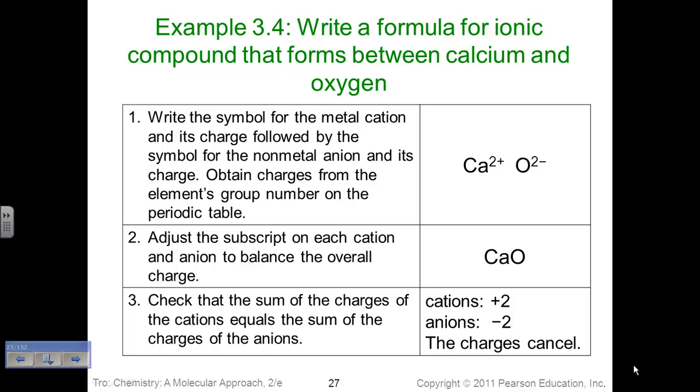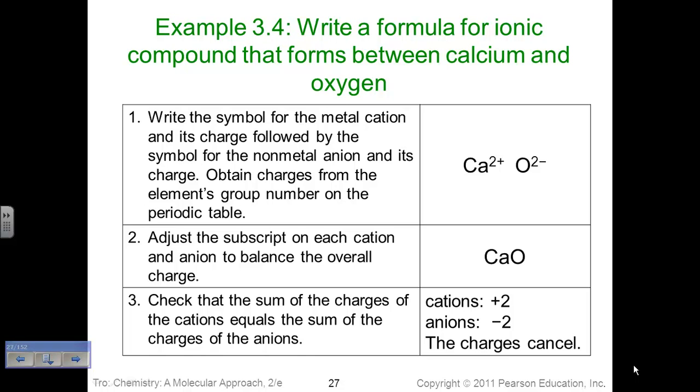Step 2, adjust the subscript on each cation and anion to balance the overall charge. Well, with our first example, a plus 2 does indeed neutralize a charge of a negative 2. A plus 2, when added to a negative 2, gives us a net charge of 0. So the subscript ratio of 1 to 1 does indeed create a neutral compound of CaO.